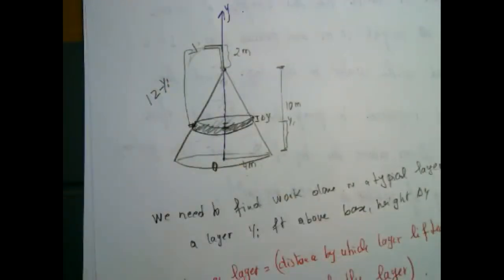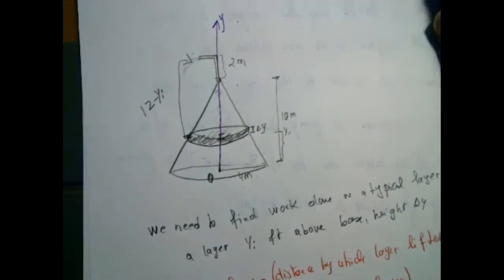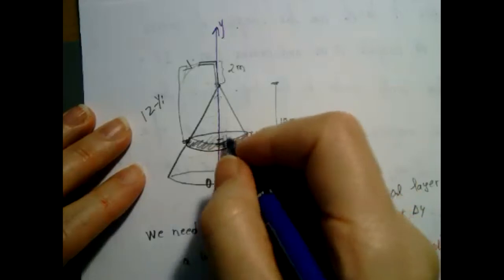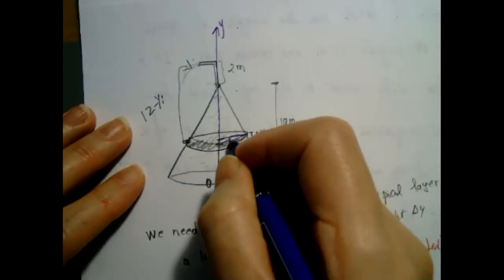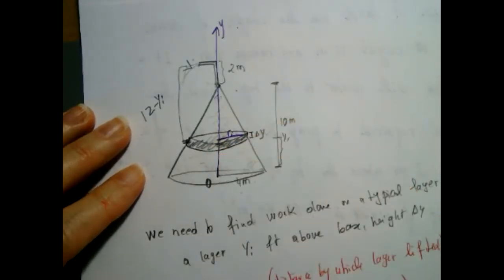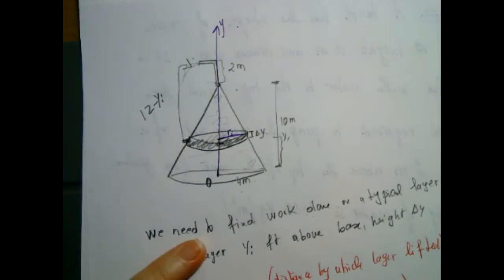What about in this scenario? Is the radius of the layer going to change with the height above the ground? Yes or no, quickly? Yes. Absolutely. So this is R. Now to find the volume of the layer, I have an issue. That's Ri, and Ri is changing with where I am on the layer.